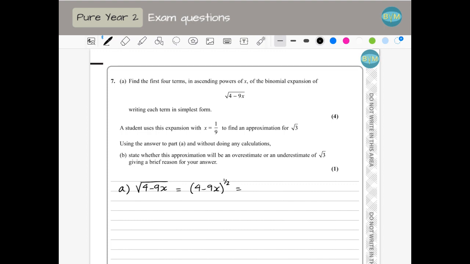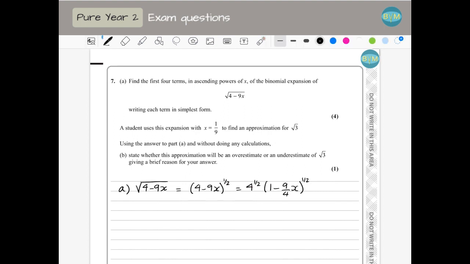But that 4 goes to the power of 1/2 as well. If I take that out of the bracket and the bracket has an exponent, that number goes to that exponent.